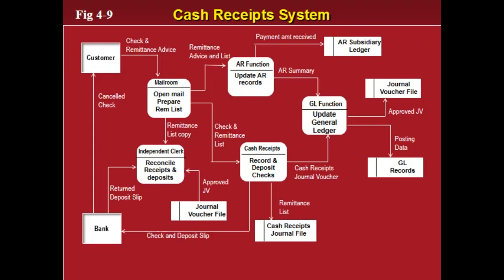Very briefly, the cash receipts procedures involve receiving and securing the cash or the check, depositing the cash or the check in the bank, matching the payment with the customer and invoice outstanding, and properly accounting for the cash receipt transaction in the GL.